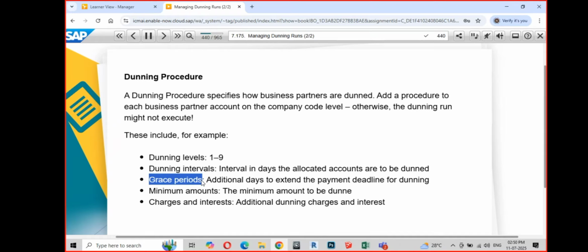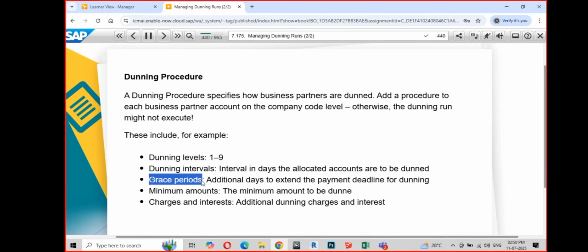So I would configure the system in such a way that unless and until Measures A Limited accumulates sales invoices worth 1 lakh, the system should not even consider Measures A Limited to be picked up for the reminder process, for the dunning process.